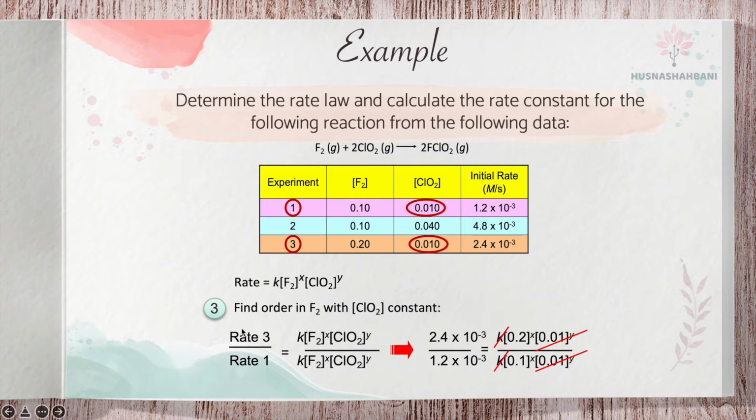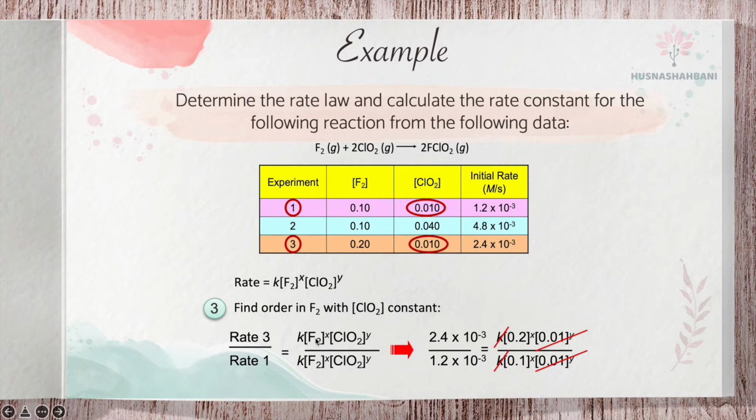So if you divide the rate here, 2.4 divide 1.2, and then this is the rate. Note that use the rate law. So if this is rate 3, on the top one you have to put the rate law for experiment 3.